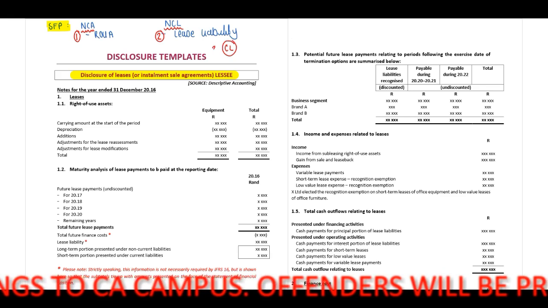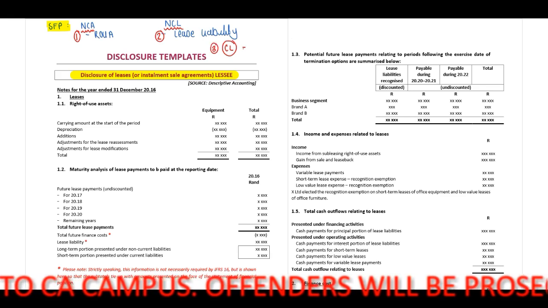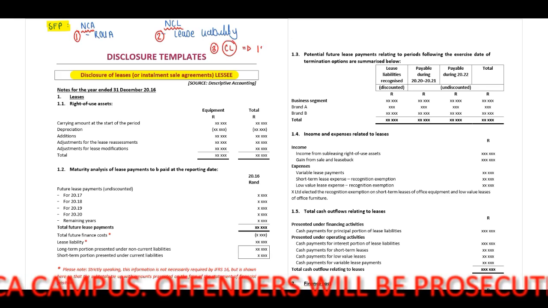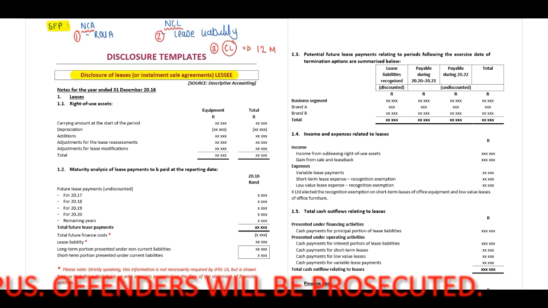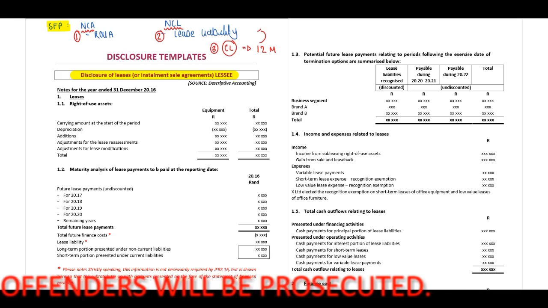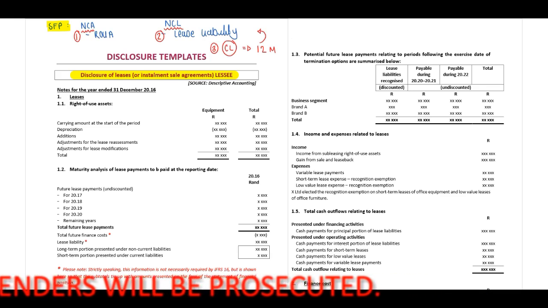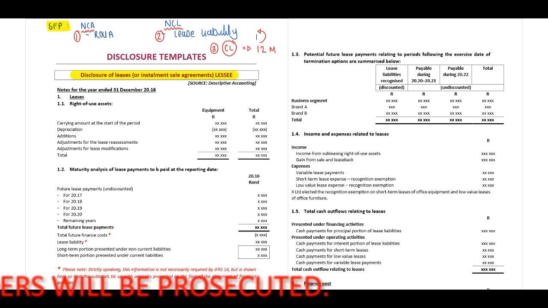In the current liabilities, remember, we need to include the portion that will be payable in the next 12 months. And the portion that will be payable for the period after this should be included in our non-current liabilities.